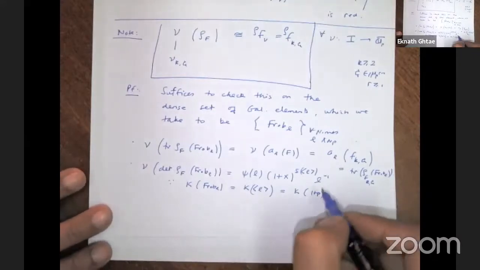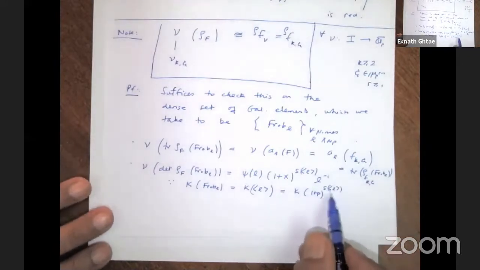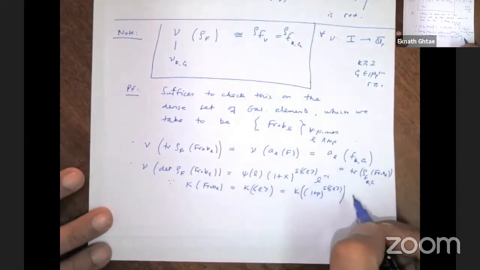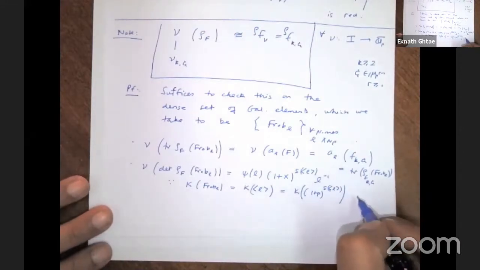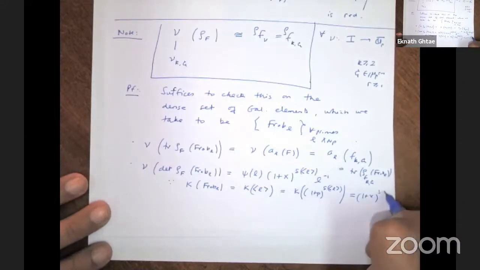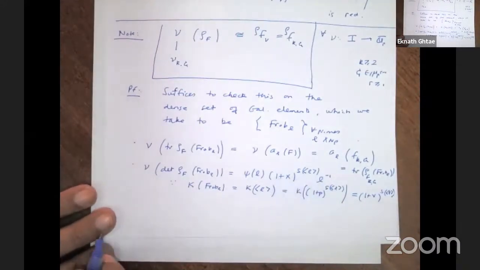So we write it as the S of L-th power of 1 plus p, which of course, because 1 plus p goes to 1 plus x, is 1 plus x to the S of diamond of L. Okay, so that's why kappa of Frobenius of L is that.